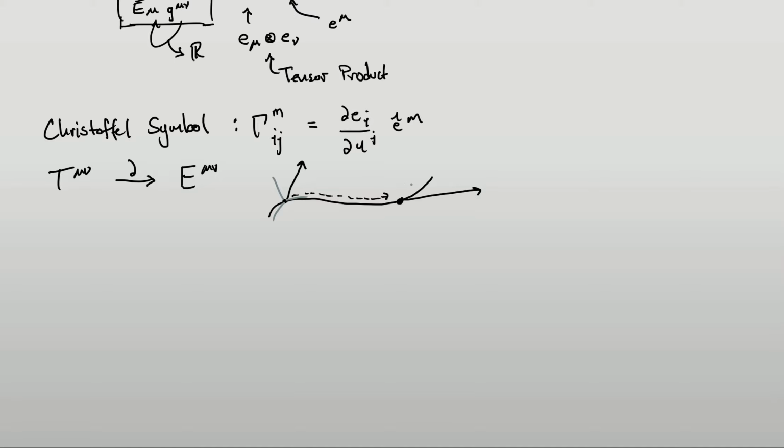This vector lives in some orthogonal space like this. And the Christoffel symbol takes into account the change in these basis vectors with respect to the change in the components of the function that defines our space. All right, so this is how we're going to define this thing.